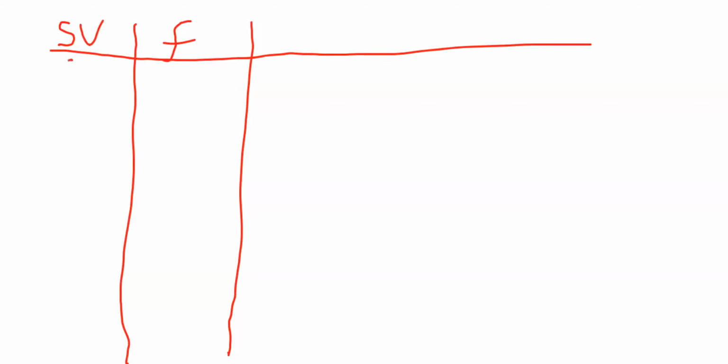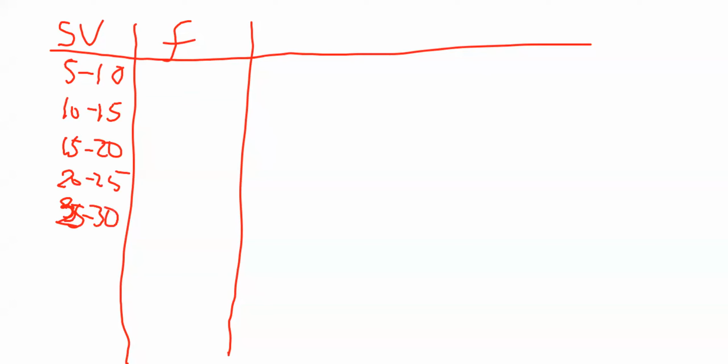The first one there was 5 to what? 10, Abi. 5 to 10. Then 10 to 15. 15 to 20. 20 to 25. So I have started the solution. We are solving number 3 now. 25 to 30.